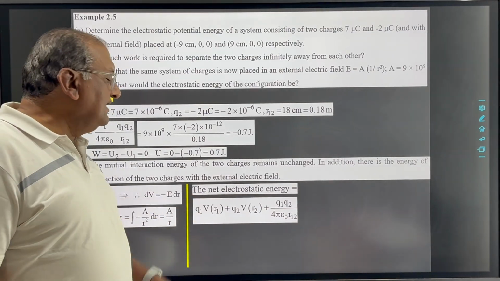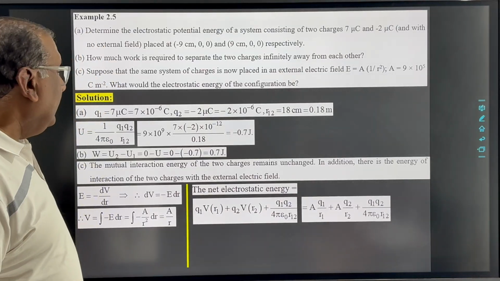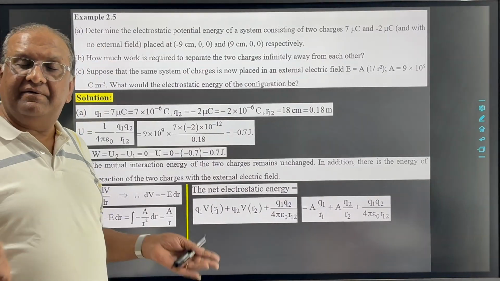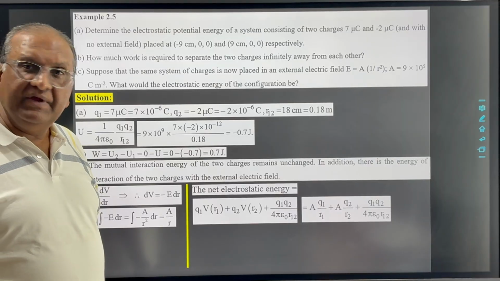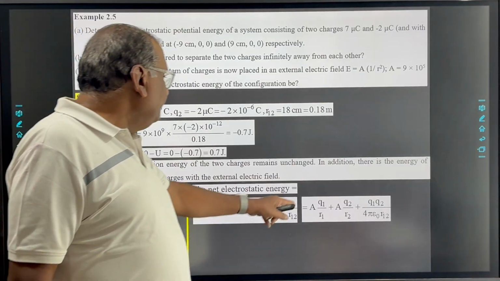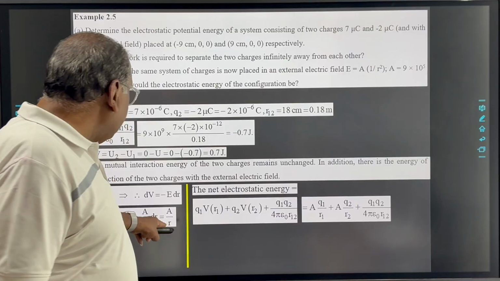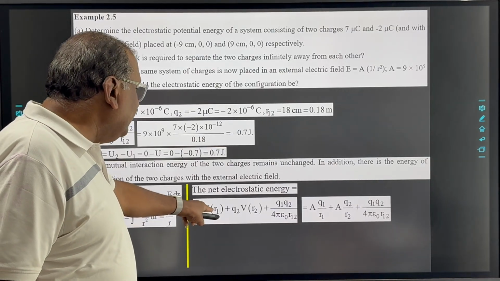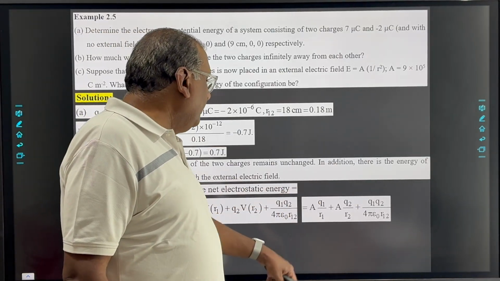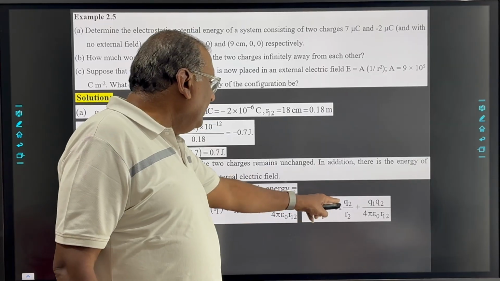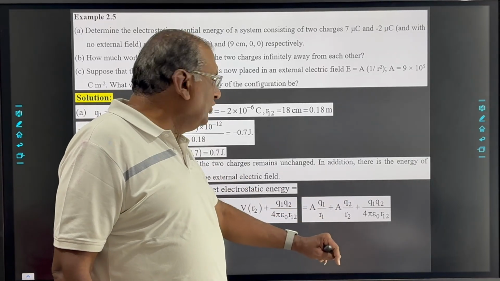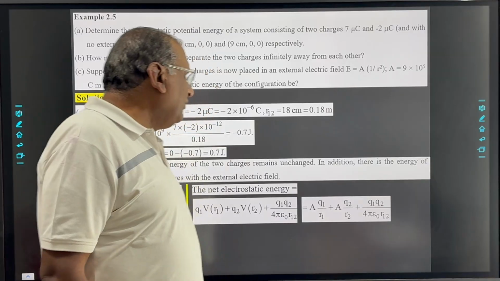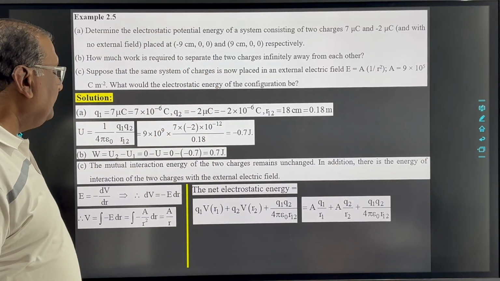Now both the charges are placed at 9 centimeter from the origin. So we can write A upon R1 for V(R1) into Q1. Then for V(R2), A upon R2 into Q2 plus Q1 Q2 upon 4 pi epsilon 0 R.